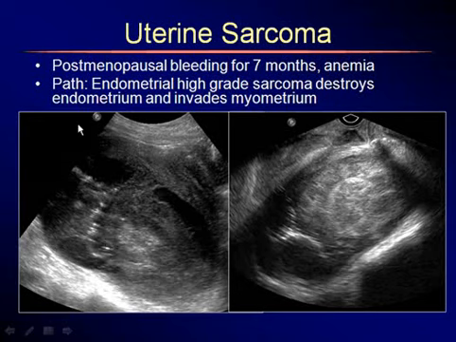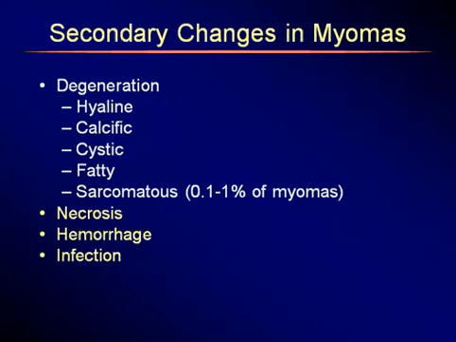Pathology in this patient revealed a high-grade sarcoma originating in the endometrium, and it invaded completely through the wall of the myometrium. So this was very difficult. At first we thought this was going to be a leiomyosarcoma because the bulk of it looked like it was in the wall. So that's kind of in the back of your mind, an unusual tumor to differentiate, or at least not be surprised at the final impression of the pathologist.